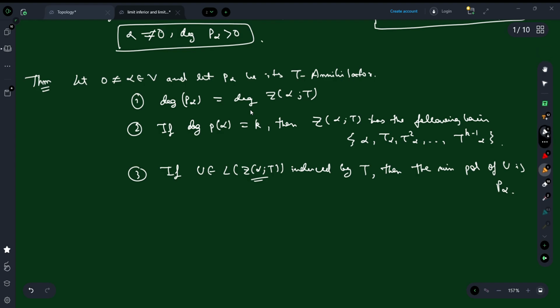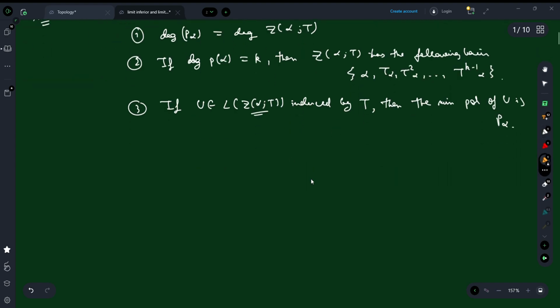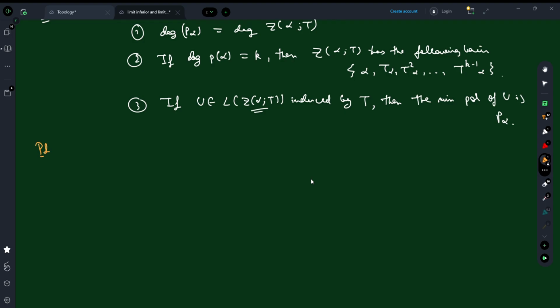This will have some important consequences. So what we do is that we first choose a polynomial from F[x]. Let G be a polynomial from F[x]. P alpha is the T annihilator. It's obviously a polynomial, right? So we can obviously use the Euclidean algorithm on this polynomial.